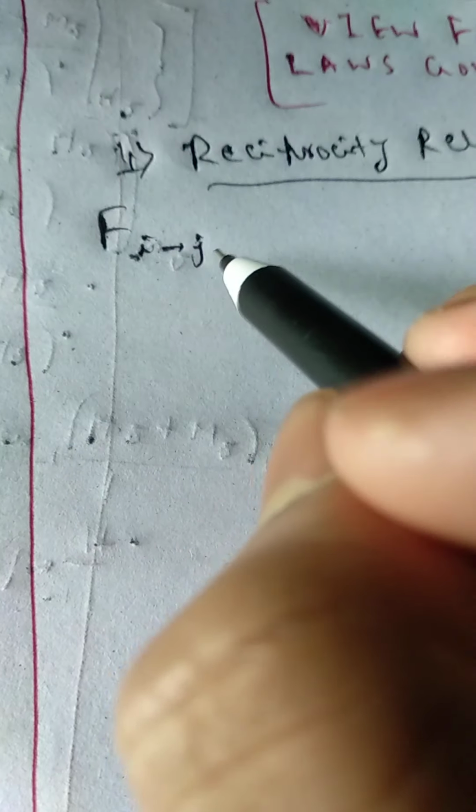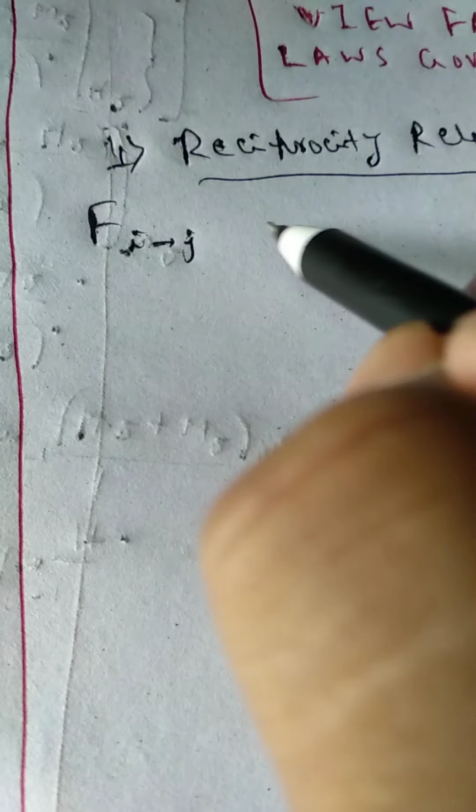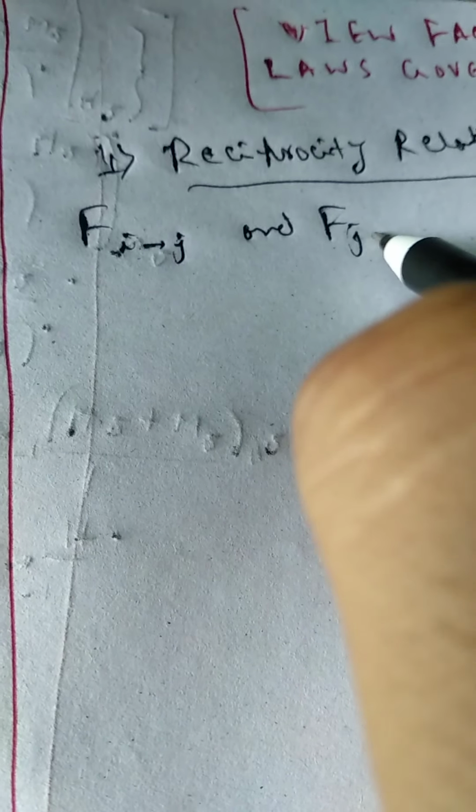This relation states that the view factors F_ij, suppose there are two surfaces i and j, and F_ij is the amount of radiation which is leaving surface i and reaching surface j. Now this view factor F_ij, i to j, and the reverse of it, that is F_ji, j to i.